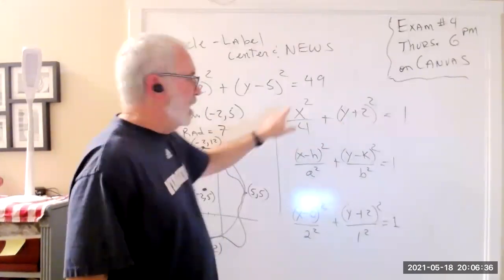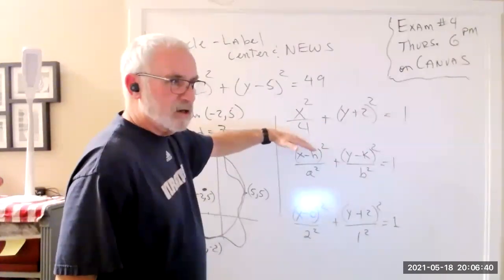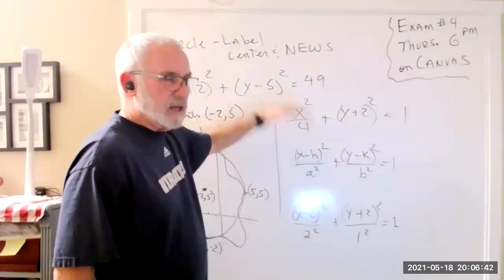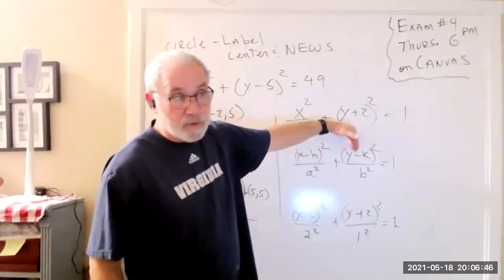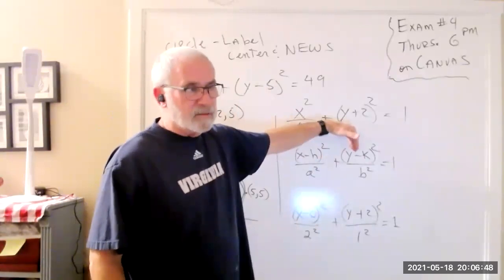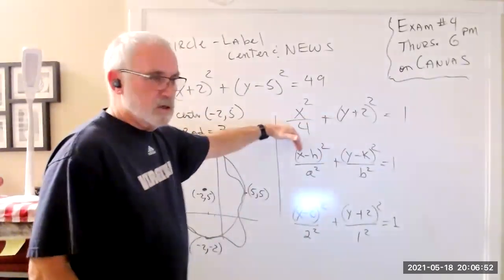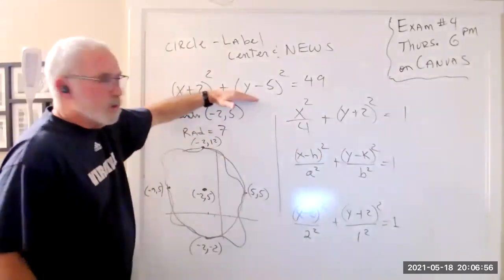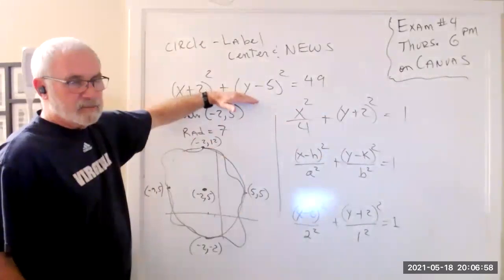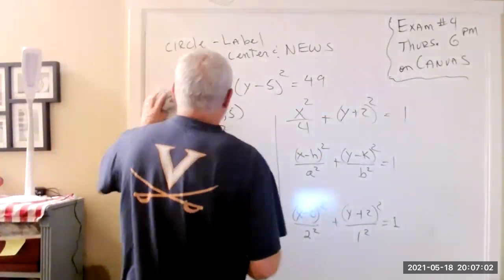That's a plus Y, that's a plus X, but this is being divided by somebody. That's what makes it an ellipse. When the X or the Y or both of them are being divided by somebody, that changes it from a circle to an ellipse. You notice in the circle, neither the X nor the Y are being divided by anybody. All right, so let's do the graph of this thing.